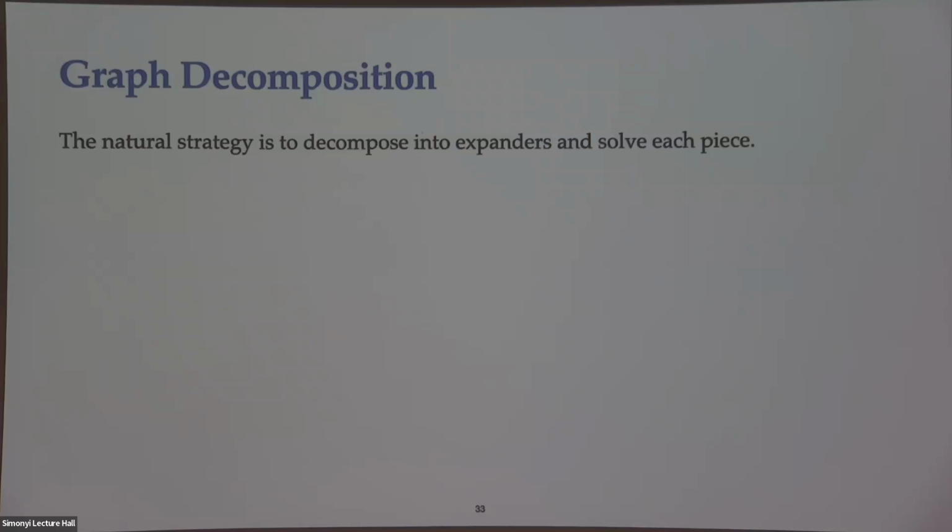So they're able to decompose them into pieces and solve each piece. What about the independent set problem? Can we do that? Now the question is, once we decompose it into pieces, and then we solve within each piece and find some large independent set, how do we piece them together?